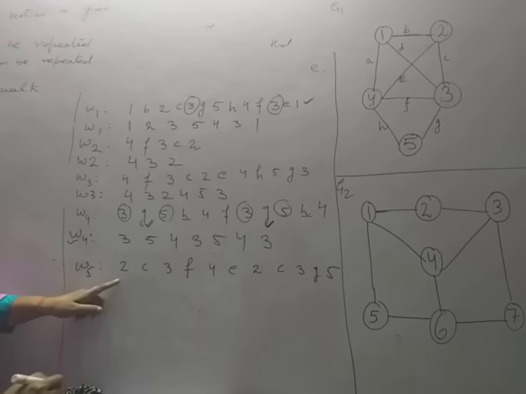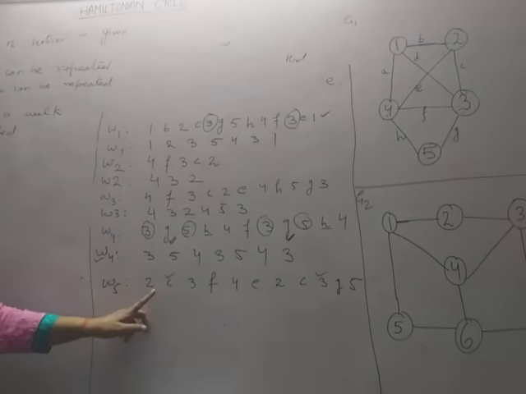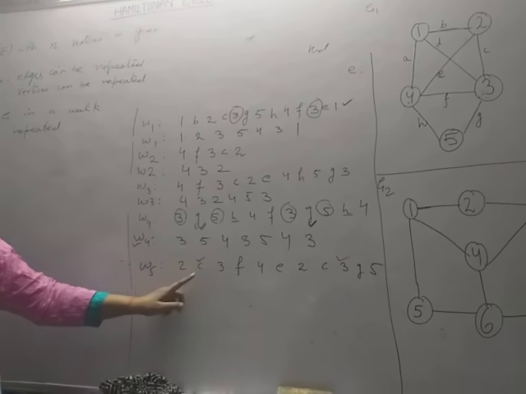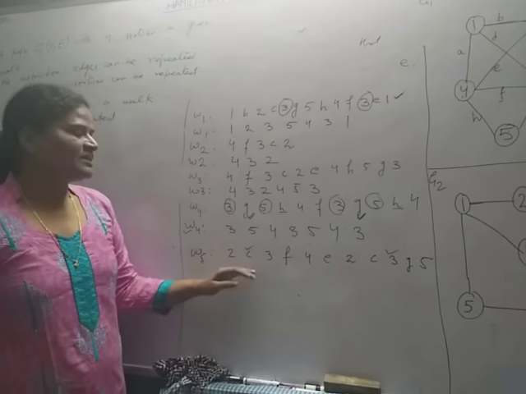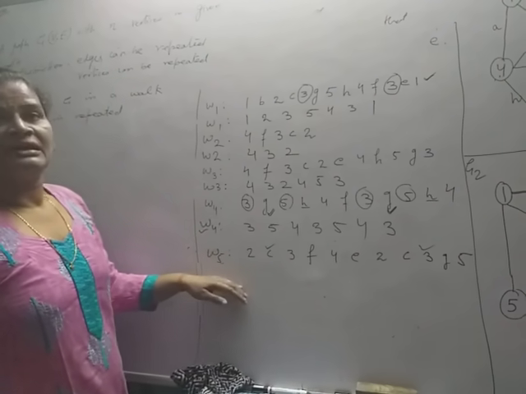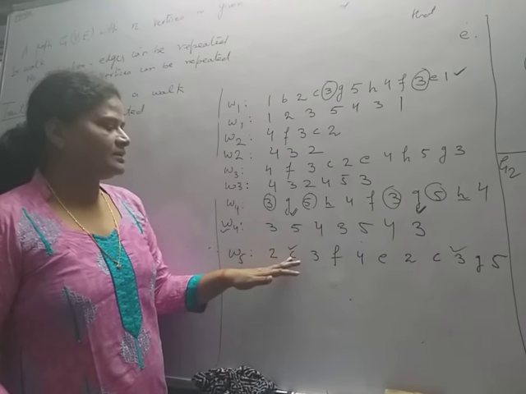Okay, so here edge C is repeating. So again, this walk is not a trail. Okay, so see, this is the definition of trail, where there is no repetition of edges.